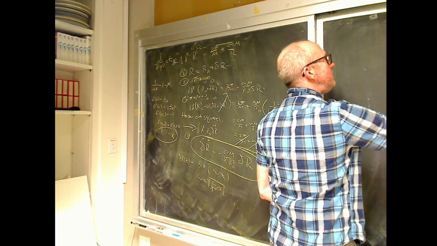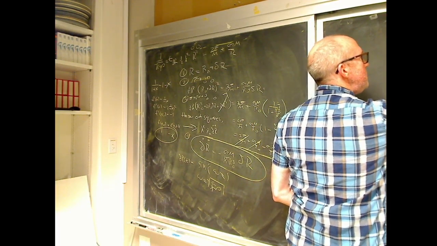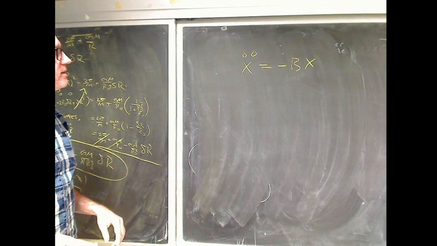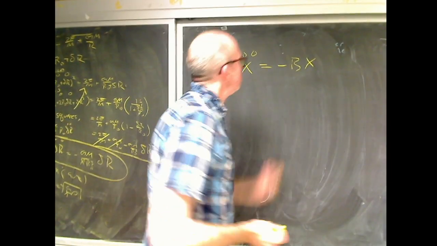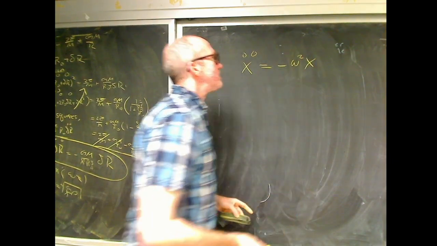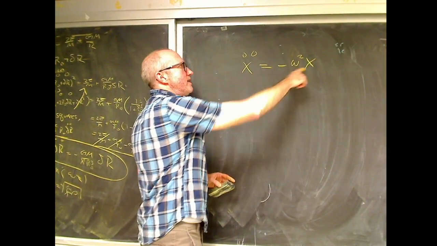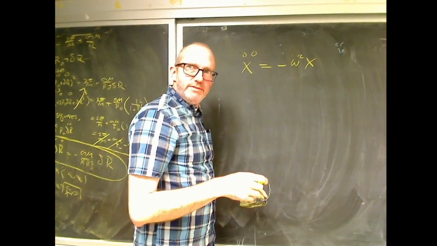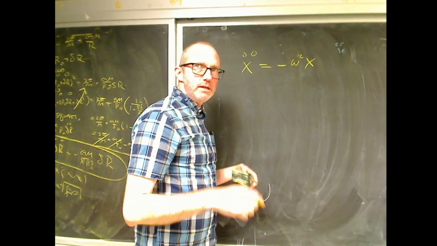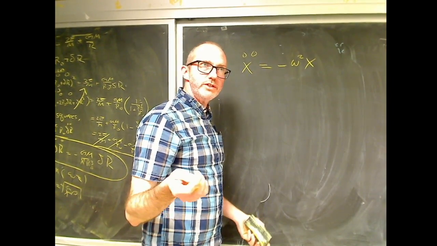x double dot equals minus b times x. This is, let's do this different. Let's call this minus omega squared times x. This is a thing that is equal to its own second derivative with a minus sign and a constant. That is one of two functions.